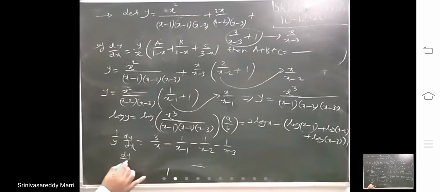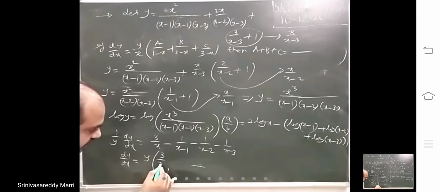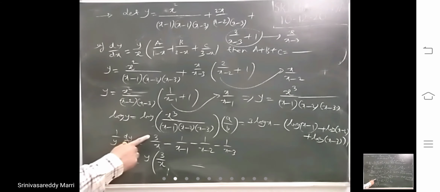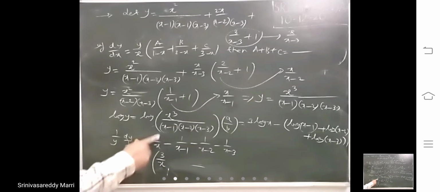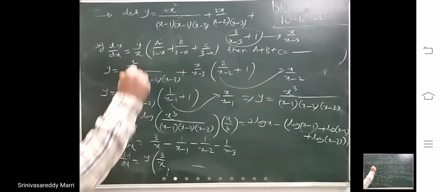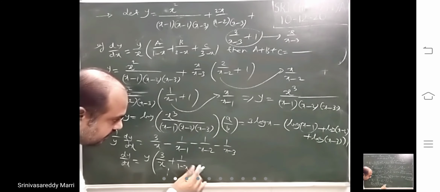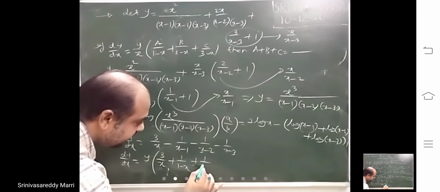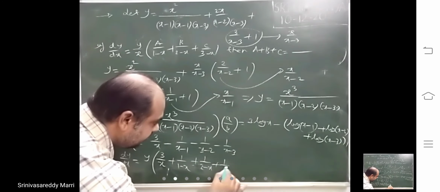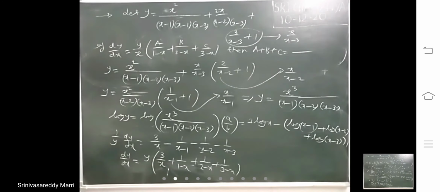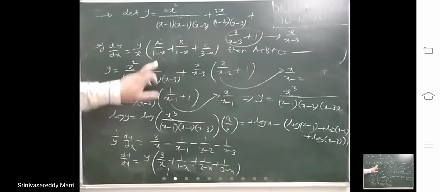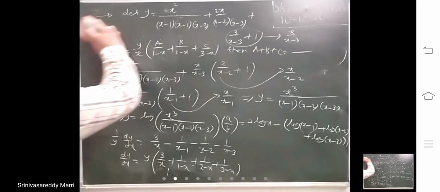That means dy by dx is nothing but y into 3 by x. Look at 3 by x. Now the answer is in 1 minus x, so here I am taking minus common. Here I am taking minus common. But the answer is not like that. Look at, further we will simplify that.